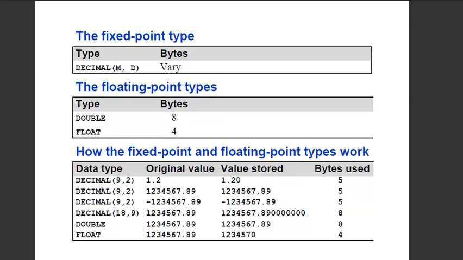And the double type is considered a double precision number, which gives you up to 15 significant digits of storage. Obviously, the double and float types are considered approximate, because there may be some rounding going on, as opposed to the decimal type, which is an exact type. So you're never going to run into a rounding issue.